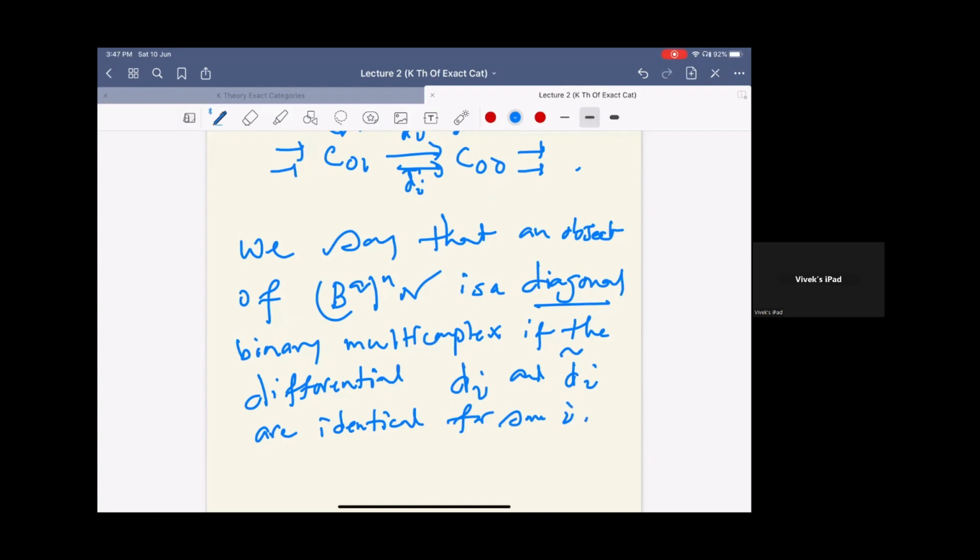So when we say an n-dimensional binary multi-complex is diagonal, it means that in at least one of the directions the differentials are identical. In that direction it looks like a chain complex because both differentials are identical. Remember for n equals 1 you only have one direction, so that just means d equals d prime. We have already given the definition for that. So for n-dimensional, it means at least one of the directions has identical differentials. Then we say it is diagonal. Okay. All right.